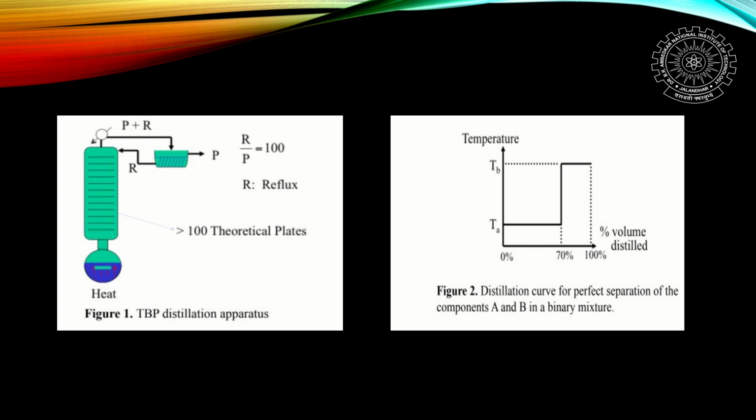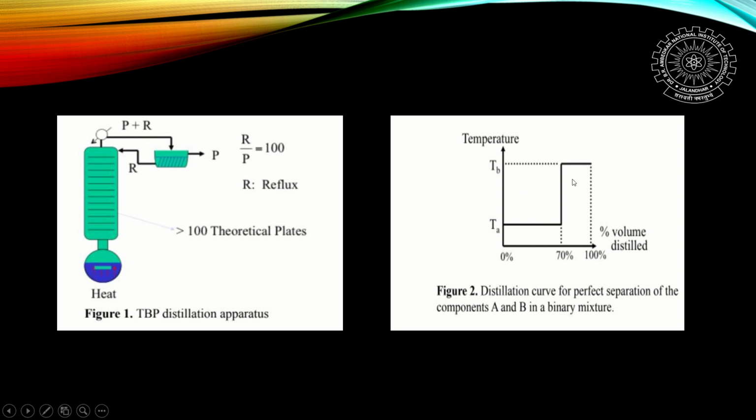Okay, and we know that if we do this under TBP distillation conditions, then the first lower boiling compound, that is A, will be boiled off, and then the higher boiling point compound, that is B, will be boiled off.